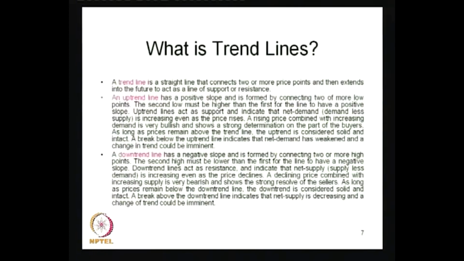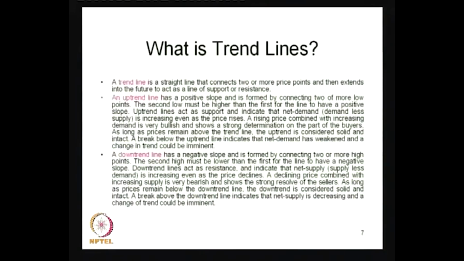Here, if you see that there is a break in the downtrend, that means the net supply is decreasing, or we can say there is a weakness. This break above the downtrend indicates the net supply is decreasing, and basically we can say that a change of trend could be imminent.